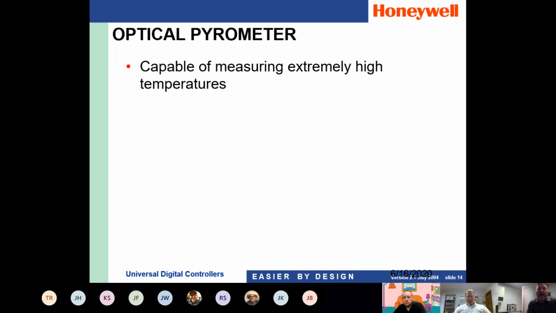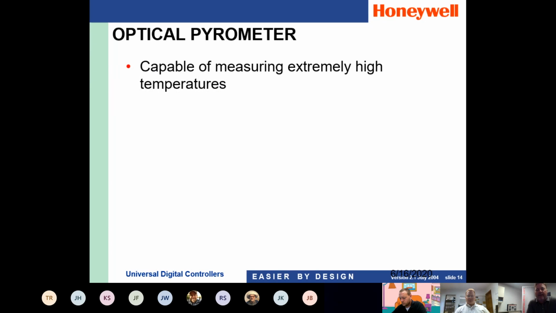These are typically very high or extremely high temperatures. I've seen a lot of these used in the steel industry where they're measuring molten steel, or in the glass industry where they can't put a thermocouple in contact with the process because the temperatures are too high, and the thermocouples wouldn't last very long in those applications.